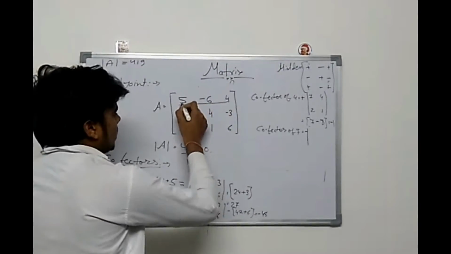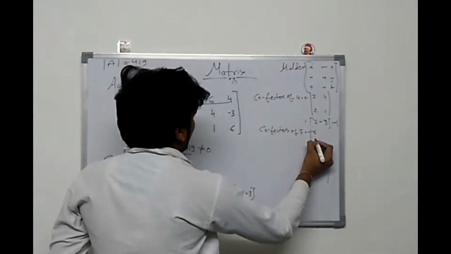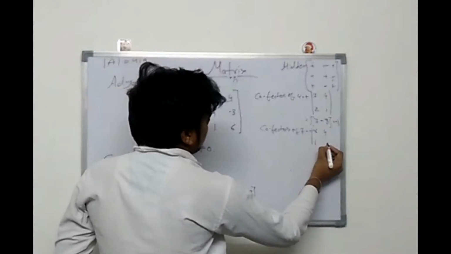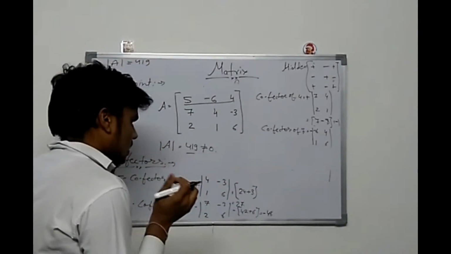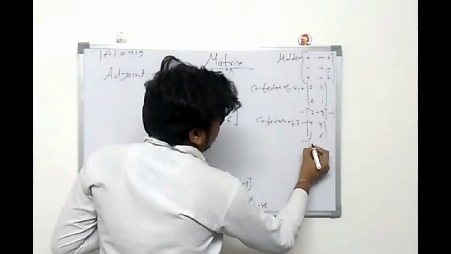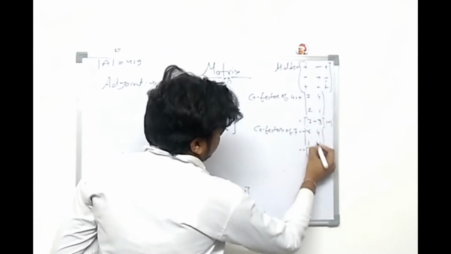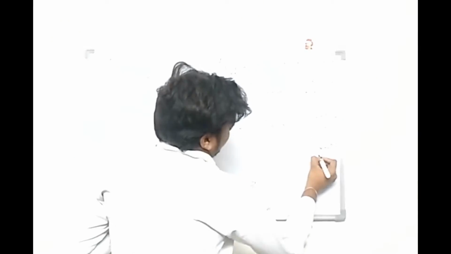This row and this column will be ignored, minus 6, 1 and 4, 6 will be left, and that's solved. 36 minus 4 minus minus plus, the answer will be 40.